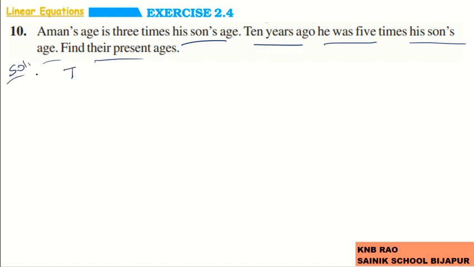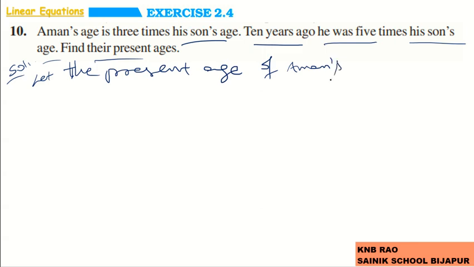So, we will start by assuming. Aman's age depends on Aman's son's age, so Aman's son's age I am assuming as x.